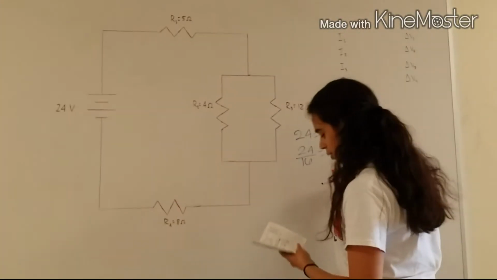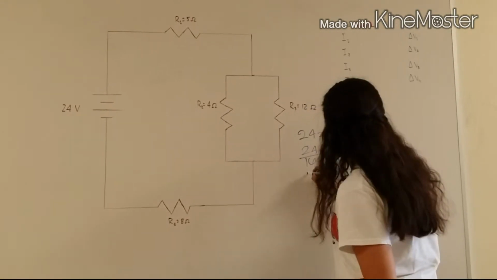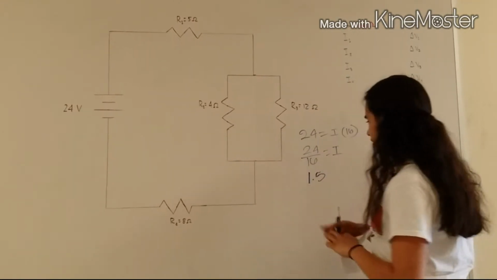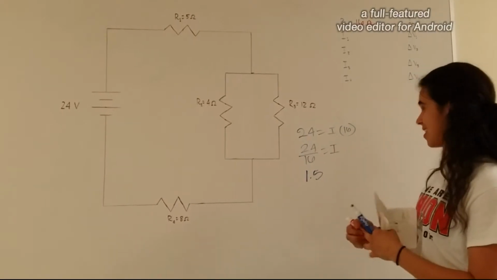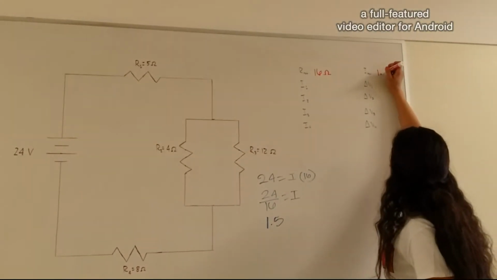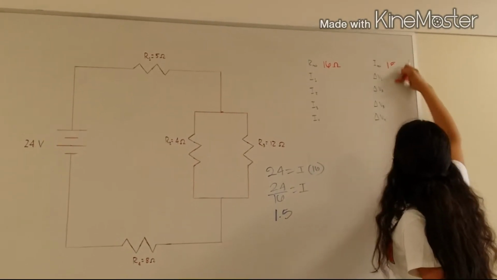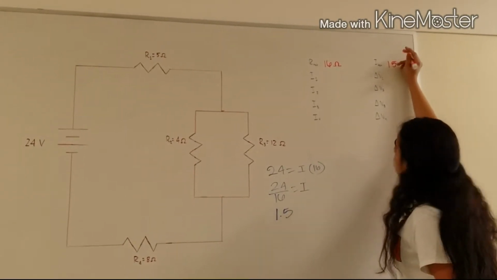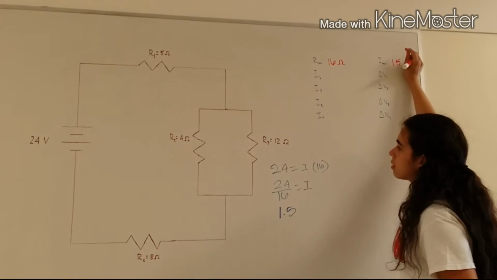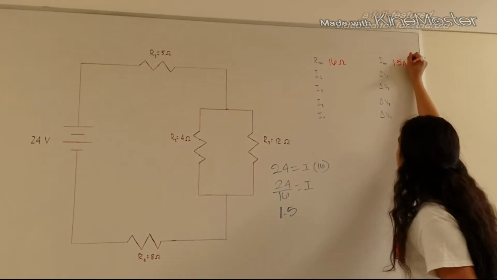So 24 divided by 16 is equal to 1.5. And that means the total current would equal 1.5 amps. Current is in amps.